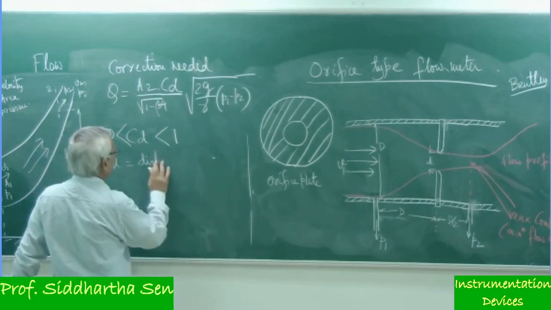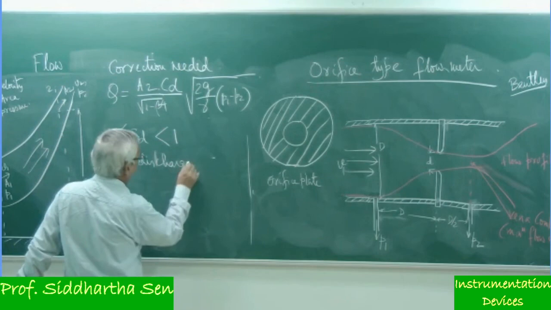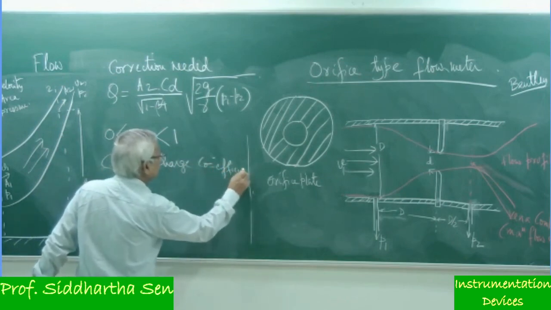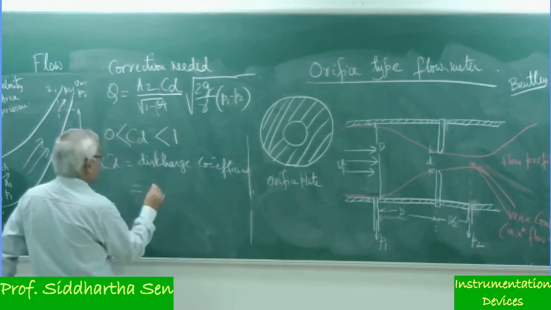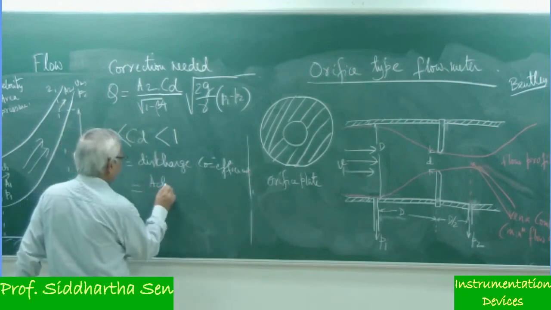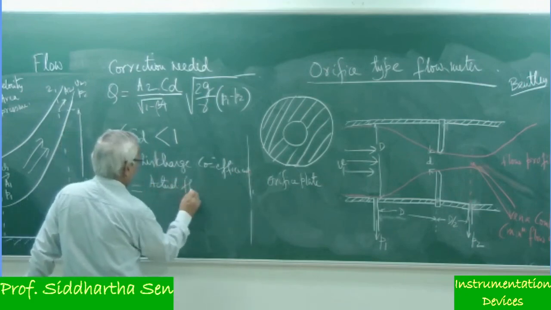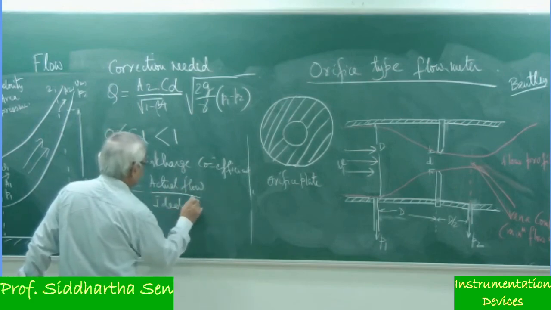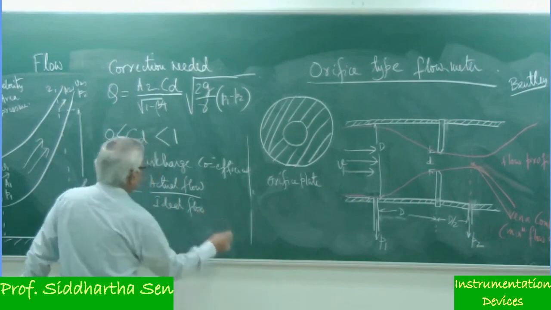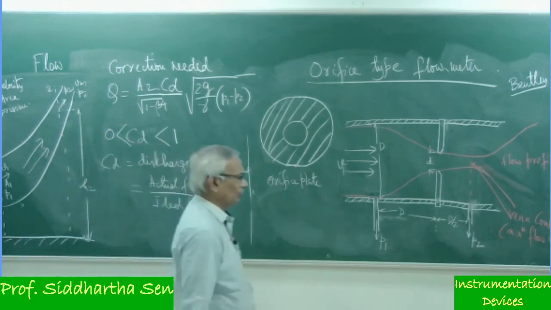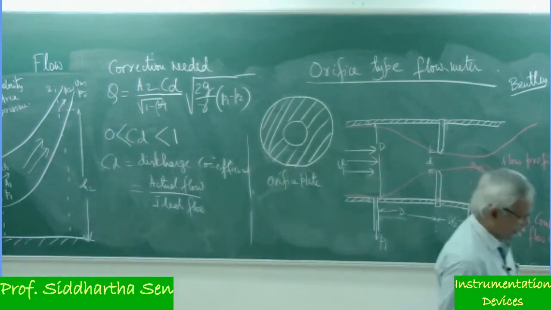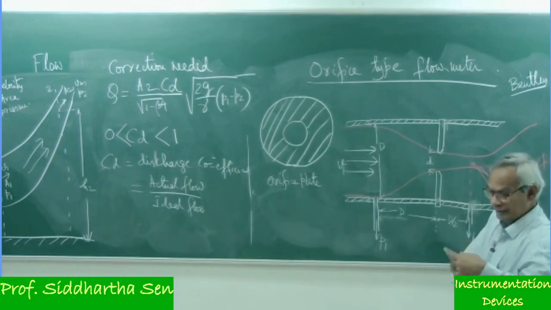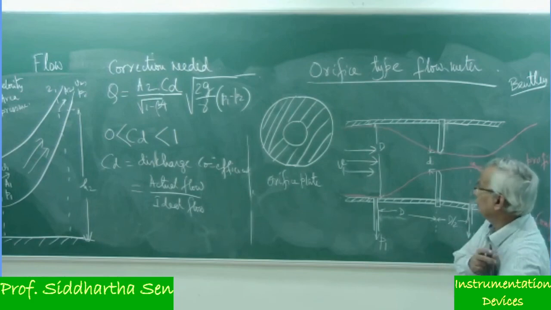discharge coefficient, which is actual flow by ideal flow. So it says that the actual flow is, so it is an overestimation of the flow rate. Actual flow is less than the ideal flow rate.